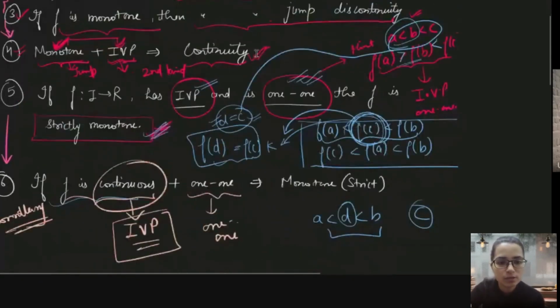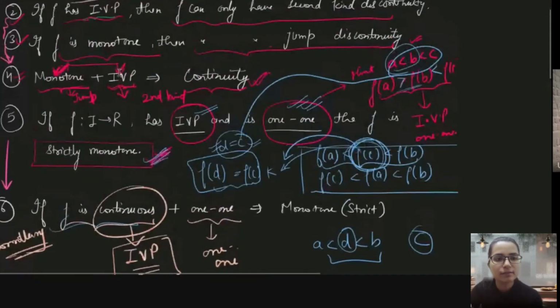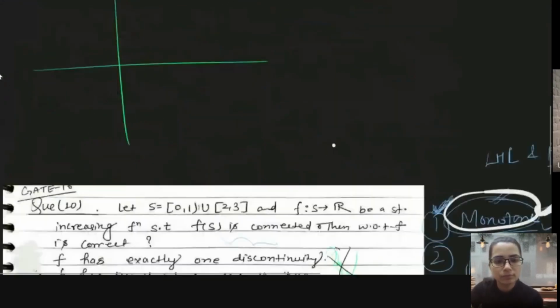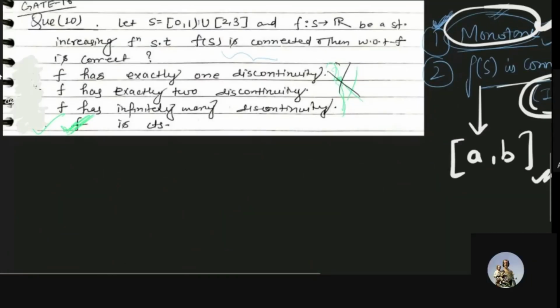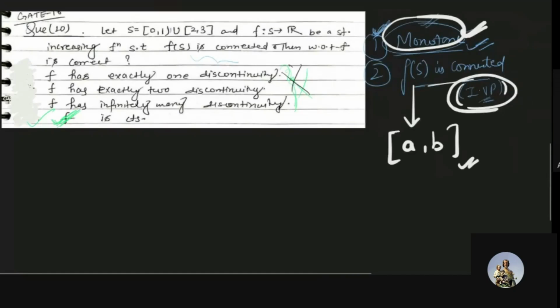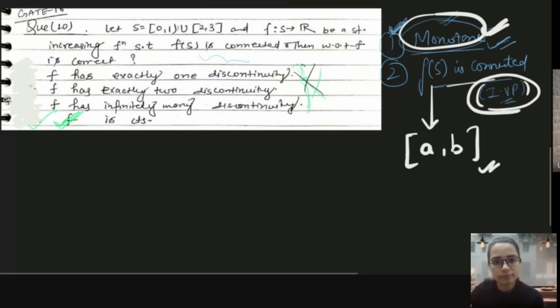So this was our fourth result. Ma'am, I have a doubt regarding the fourth option. For a function which is continuous from R to R, and a set A which is bounded, will f of A be bounded or not?